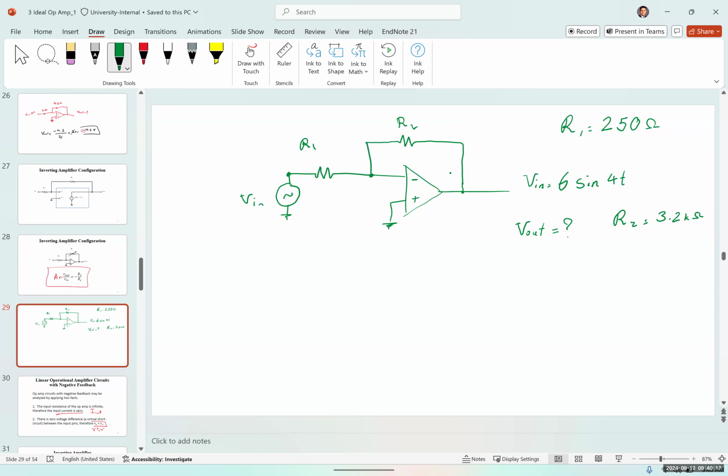So R2 is 3.2 kilo ohms. R1 is 250 ohms. Vin is 6 sine of 4t, or make it 0.6, because 6 would make a large output there and put it in saturation. So put 0.6 sine of 4t. We want to find the output voltage.